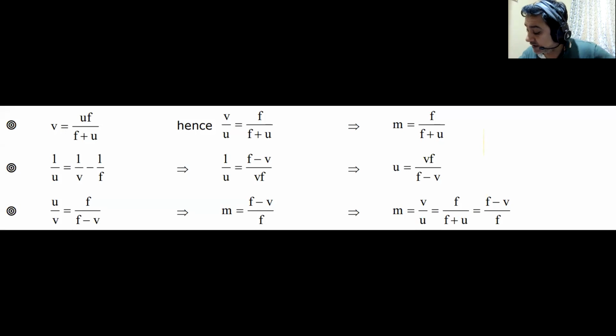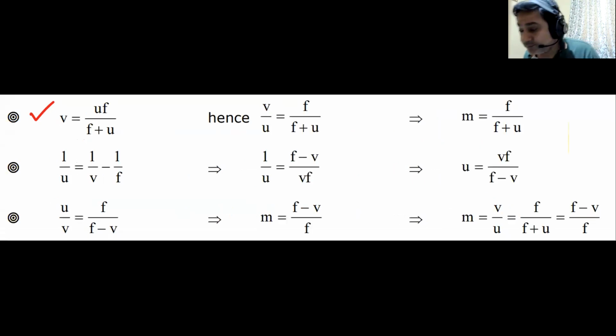The first formula is, as you can see, V in terms of U and F. Remember, whenever we are using any formula in this chapter, we have to use it with proper sign convention. Do we know the sign convention of a lens? Yes, sir. All distances are measured from the optical center O in the direction of light.